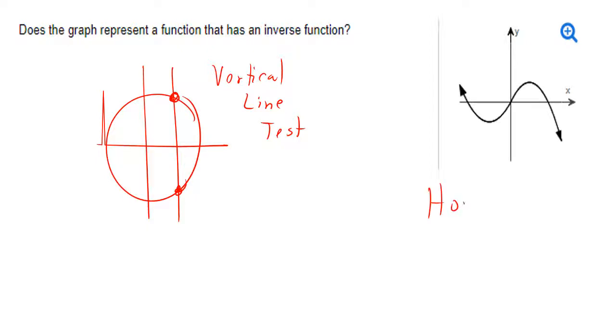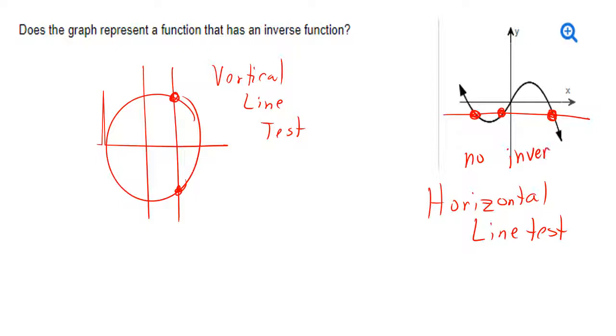However, if we want to tell if a function has an inverse, we use the horizontal line test. If a horizontal line crosses the graph at more than one point, notice it crosses 3 points here, then it does not have an inverse. We cannot find the inverse function.